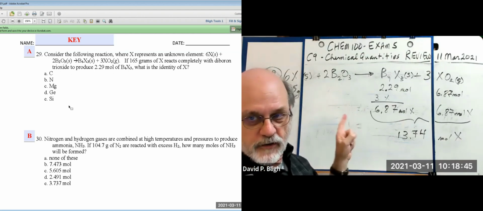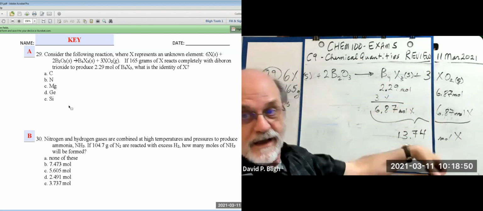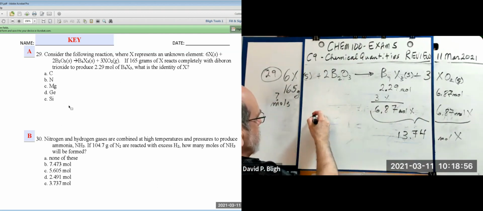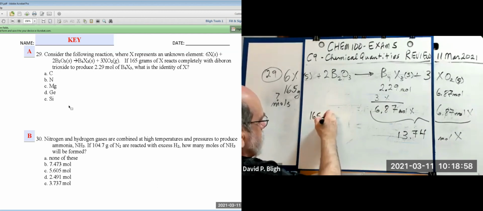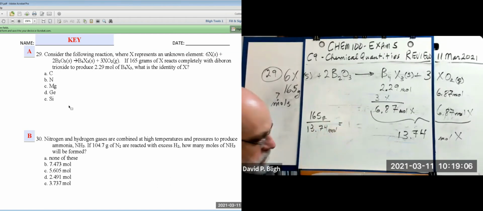Matter cannot be created or destroyed in a chemical reaction. So if you found out how many moles are on this side, exactly the same on that side. So we have 165 grams per 13.74 moles of X. Now let's see if that works. 165 divided by 13.74, I get, rounded off to 3 decimal places, 12.0.